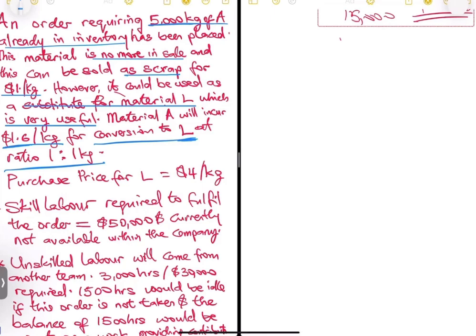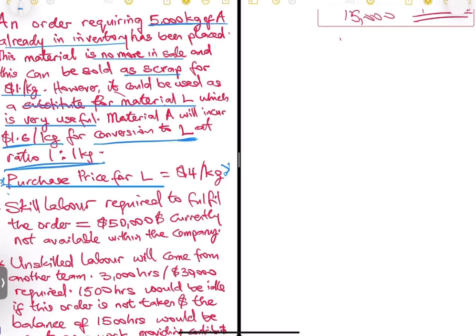So you already started seeing some relevant cost if you want to go that direction. If you decide to convert it, it's going to cost you extra money. And the ratio for conversion is 1:1. Purchase price for L is $4 per kg. If you don't convert A to L, then you have to always buy L for yourself at $4 per kg.